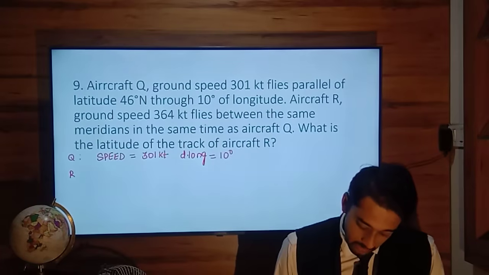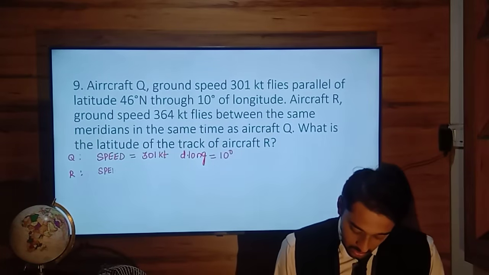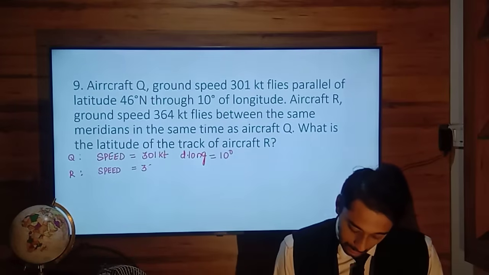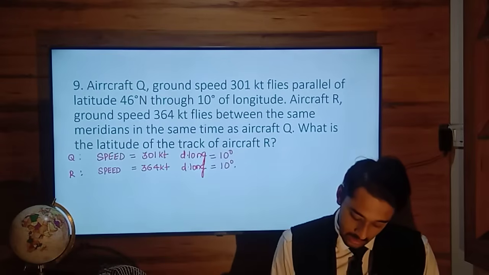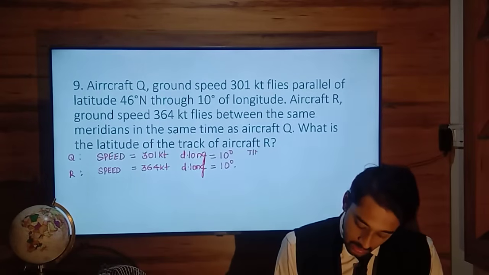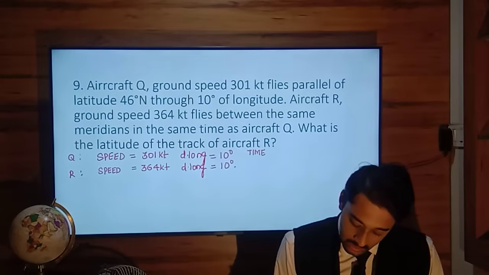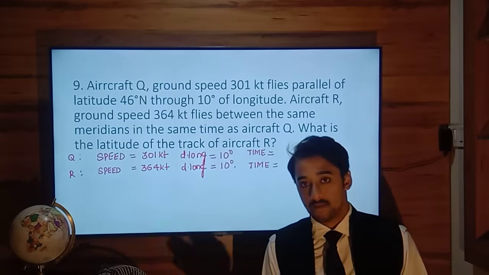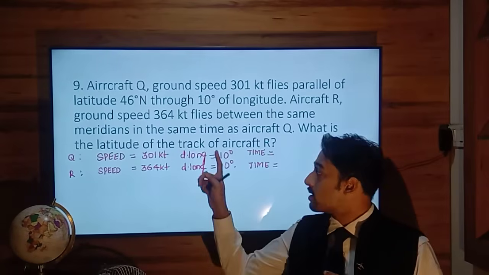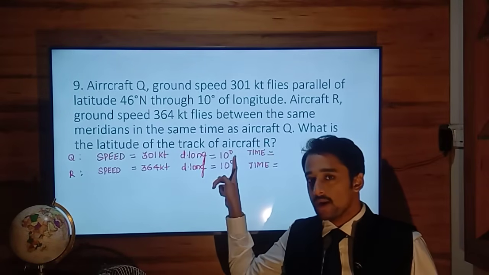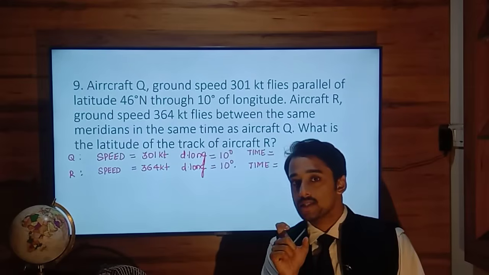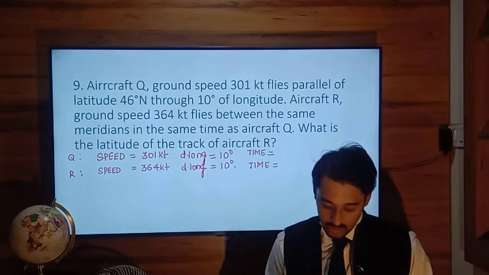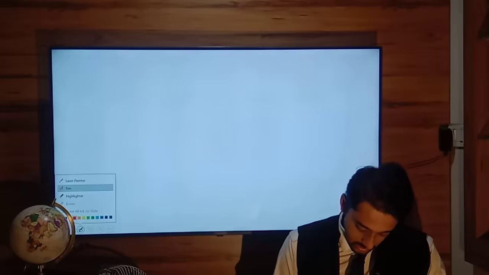For aircraft R we have a speed of 364 knots, and d long is the same, which is 10°. Now the time for aircraft Q and the time for aircraft R are also the same. Now we have speed and we have d long, so we can calculate time, because d long will give us the rhumb line distance.